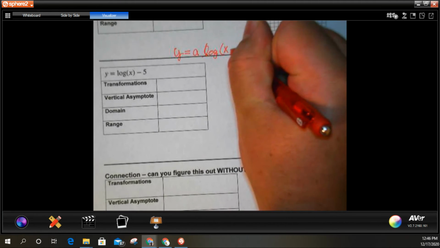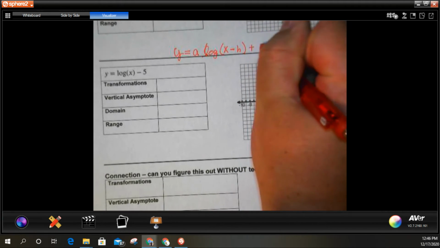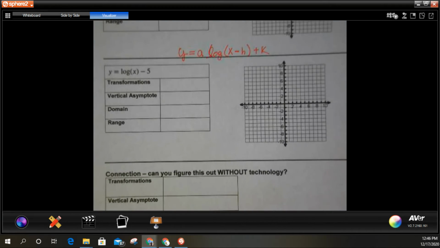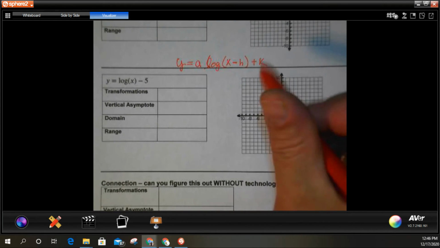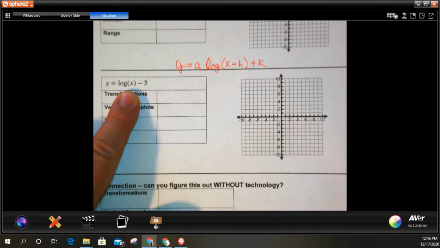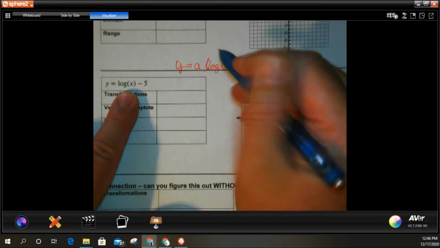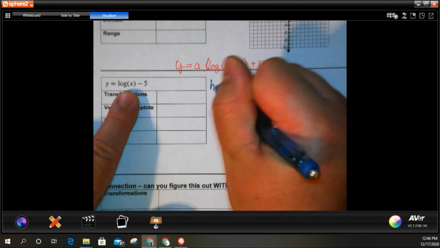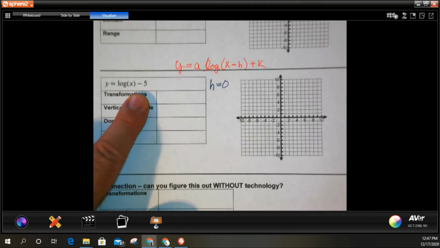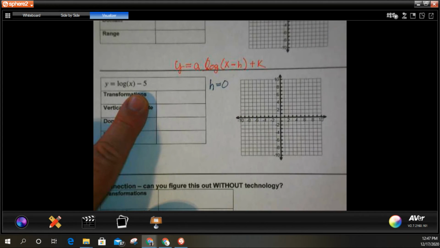So let's see, my h for this problem, what's being added to x inside? Well, my h is 0. Nothing's being added. Okay. My k, now this has to be a plus sign, and it's a minus sign. So my k has to be opposite this sign.